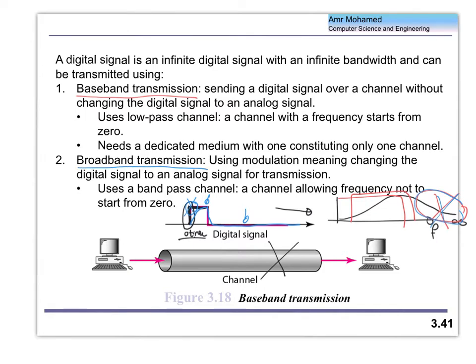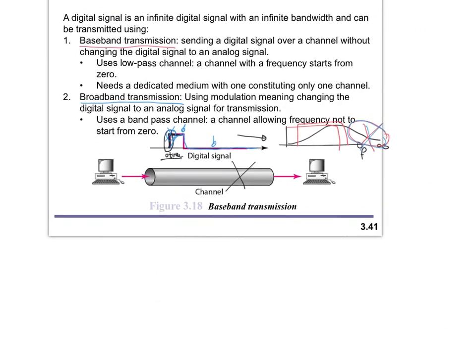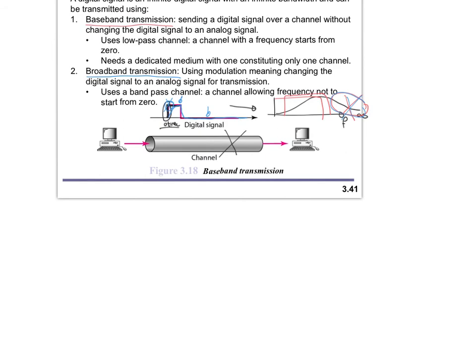broadband transmission. By broadband transmission, we will not transfer the signal as is. What we will do is first convert this digital signal, which has abrupt changes, to an analog signal from the beginning at the transmitter side.